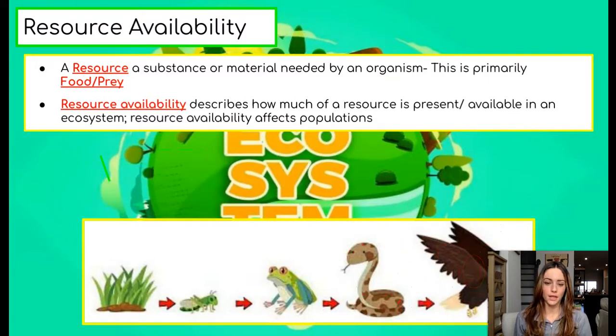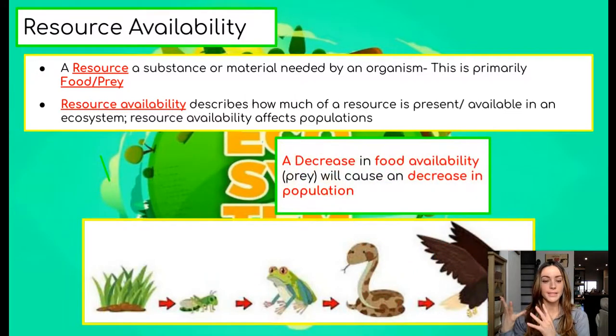On the other hand, we could also see a decrease in food availability or a decrease in the prey needed by that predator. On the other hand, this would cause the opposite effect. If there's less food or less prey available, we would see a decrease in the predator population.